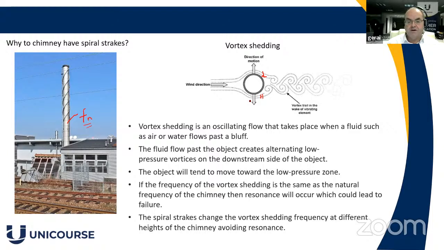Yeah, so that's one example of where you can have problems of resonance occurring. Now, at the end of that assignment, you've got to come up with some examples of resonance taking place in real life.